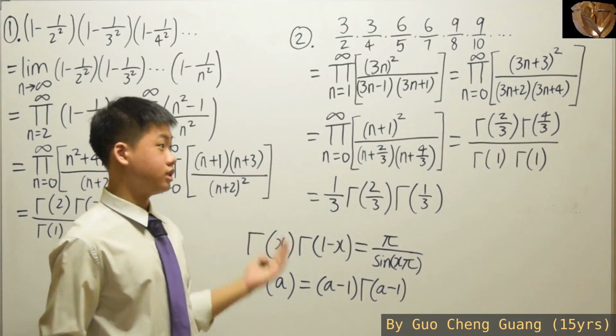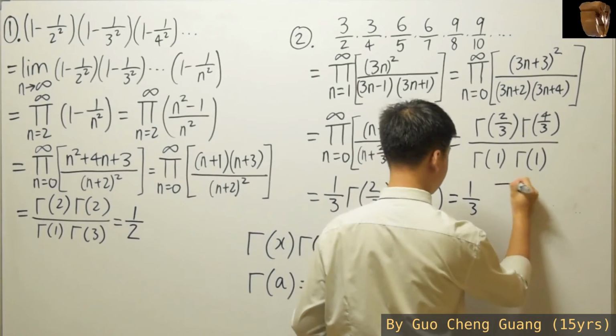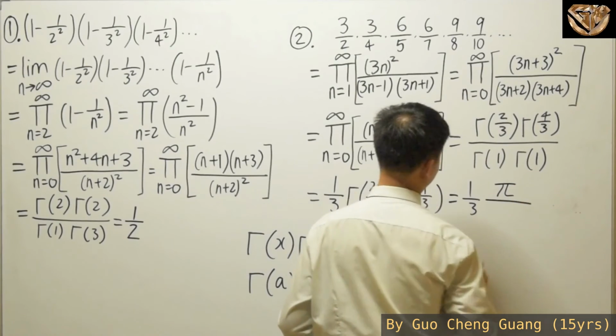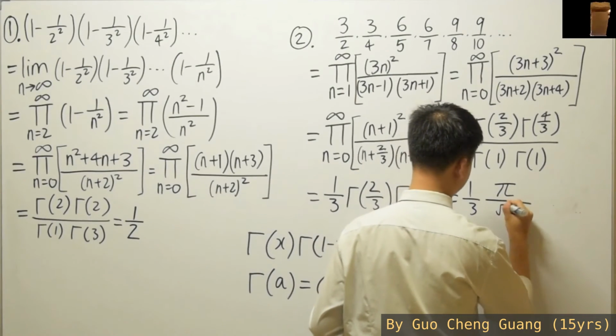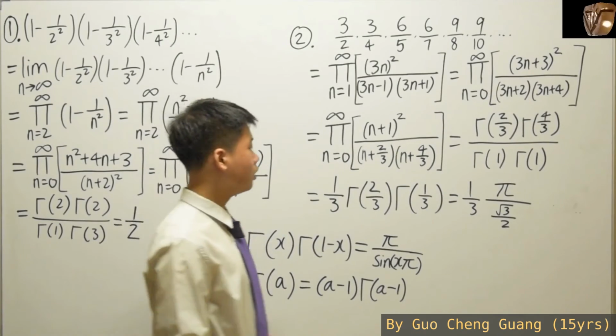So what is sine of pi over 3? Square root of 3 over 2.